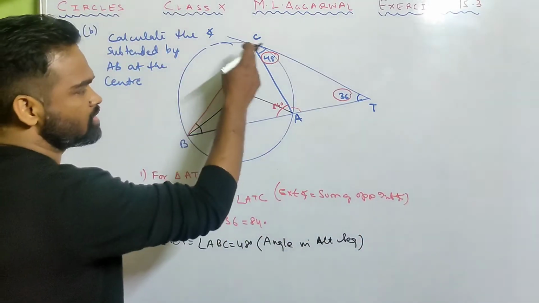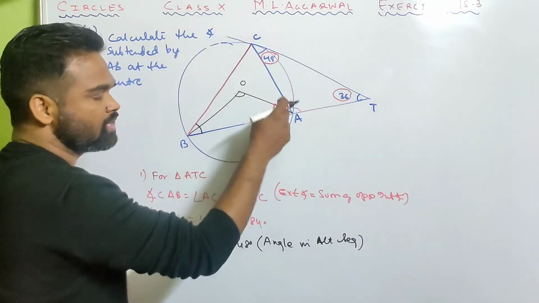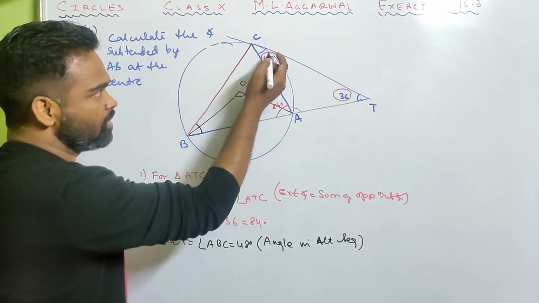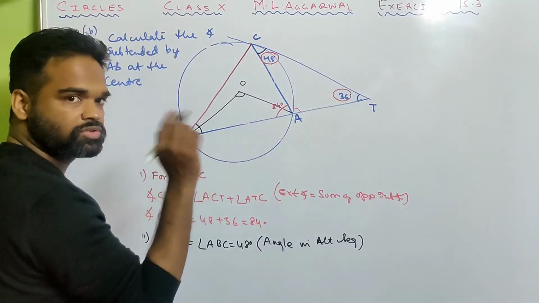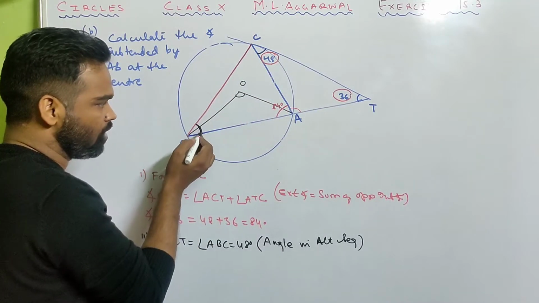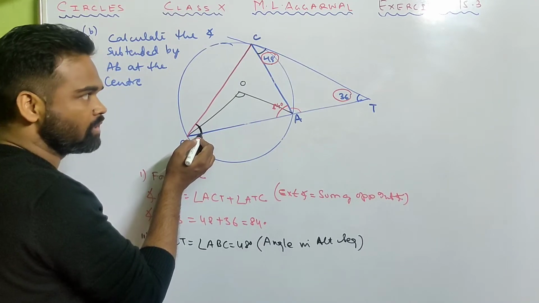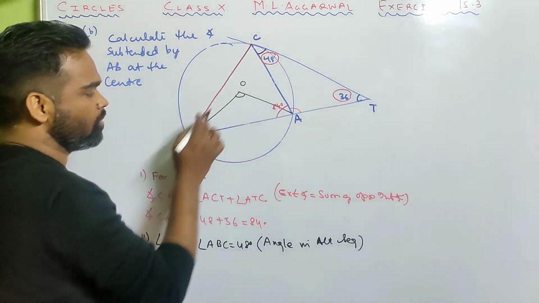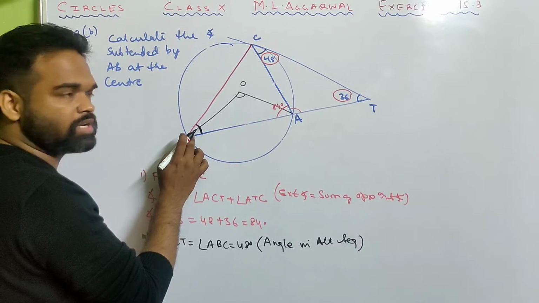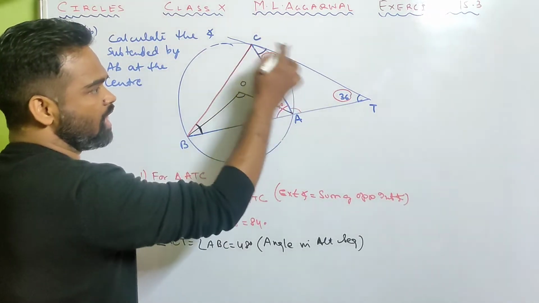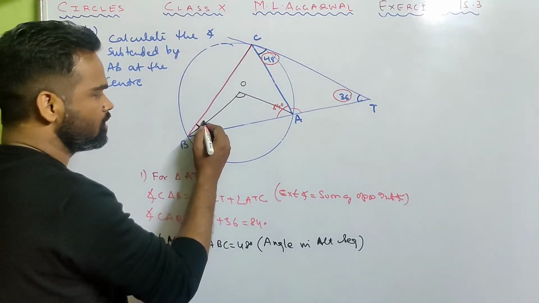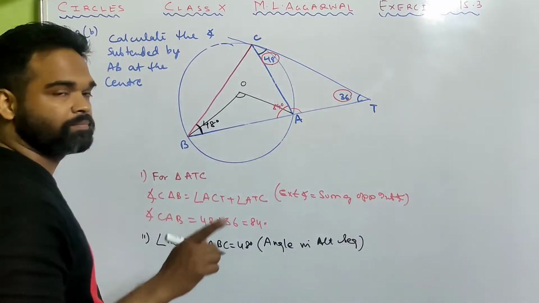How come? CT is a tangent, AC is the chord. So the angle between the chord and a tangent is equal to the angle formed in the alternate segment. Yes or no? So AC forms an angle over here in an alternate segment, and the angle between AC and tangent is 48. So this is 48 degree.